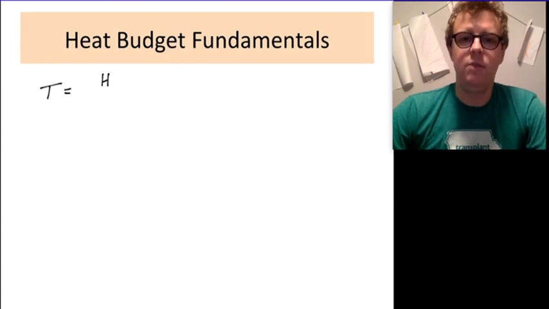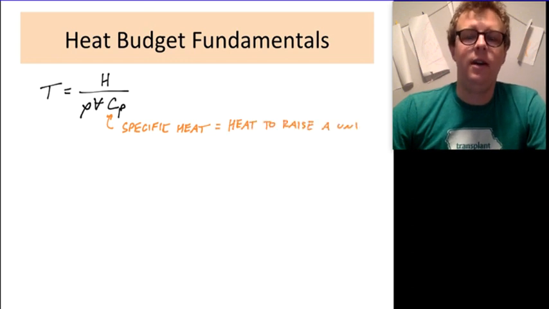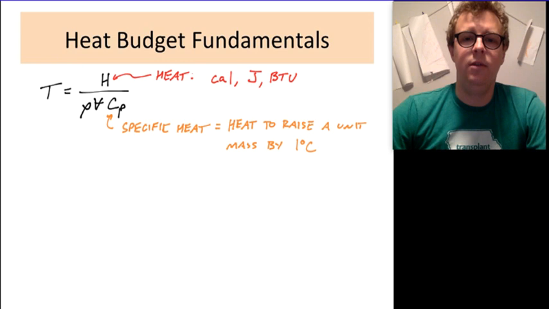And I want to take just a moment to explore specific heat a little bit more. So this is the equation that was in the bottom right on that previous slide. Specific heat is defined as the amount of heat it takes to raise a unit mass by 1 degree Celsius. On the top is the actual term in heat. Heat units could be calories, joules, BTUs, which are British thermal units.